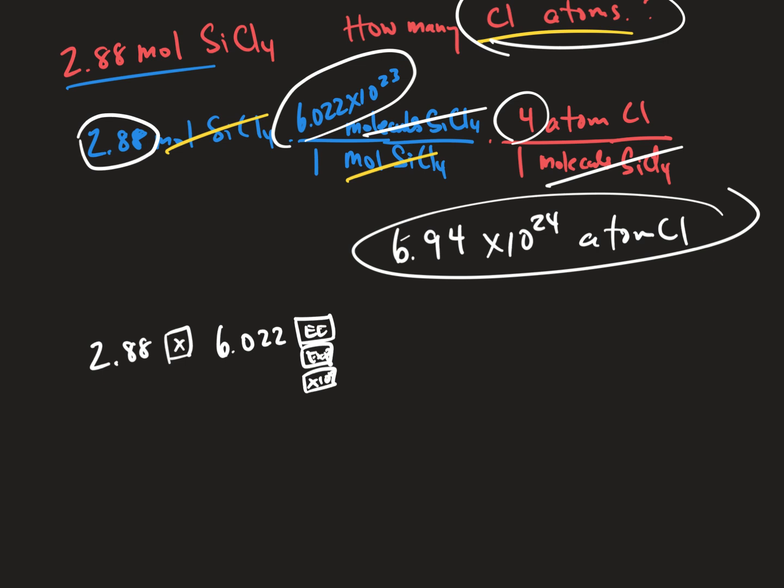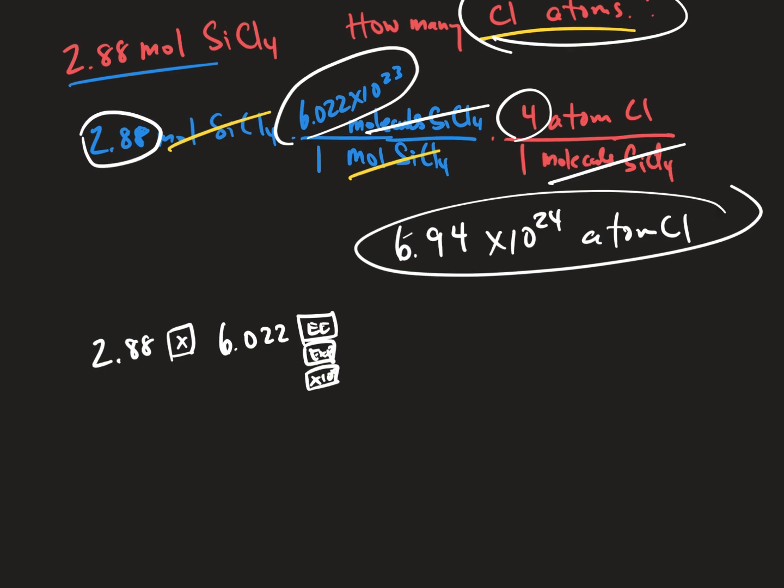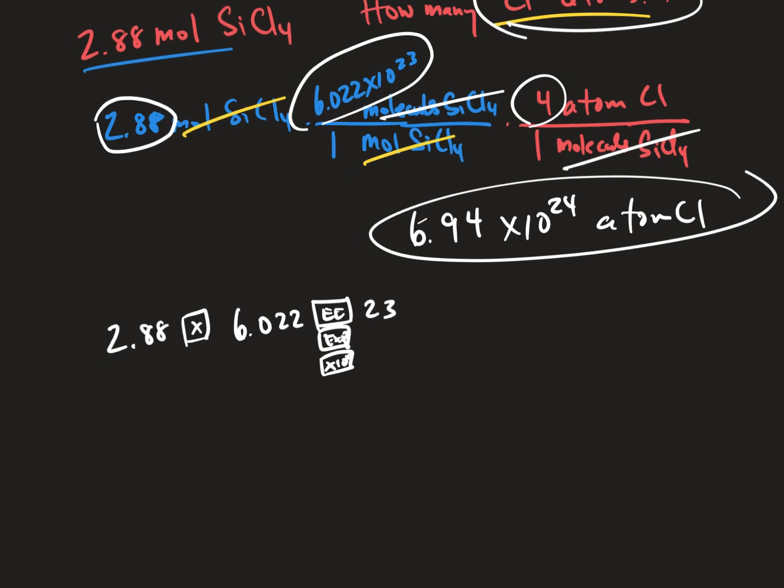Whatever your calculator says. And on your calculator, it's second, and then the button right above number 7. That means times 10 to the power of, and then we have to put in the power, which is 23. And then we multiply again because the next one's on top. Type in 4 and then push equals.